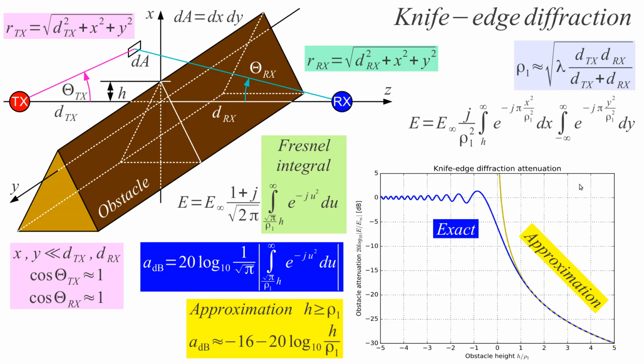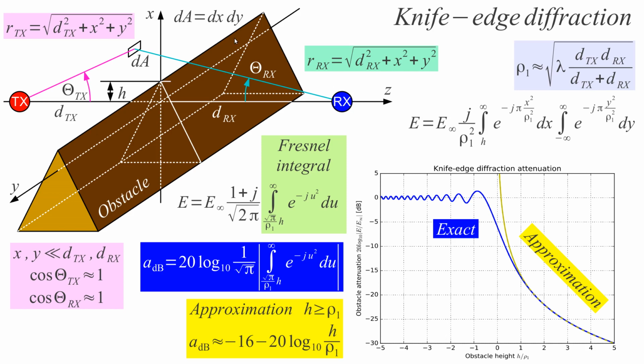On the next slide, we try to calculate the diffraction loss over an obstacle. So we have a transmitter, we have a receiver, and we have a mountain ridge in between the two. A mountain ridge, that's also a knife edge obstacle. This is simplified to a knife edge obstacle. And now we have to calculate the power diffracted over the crest of this mountain ridge.